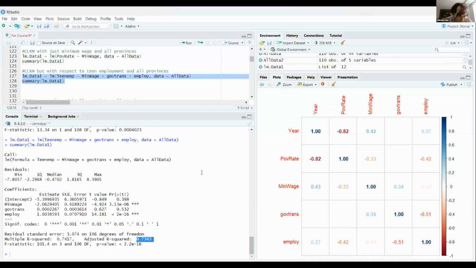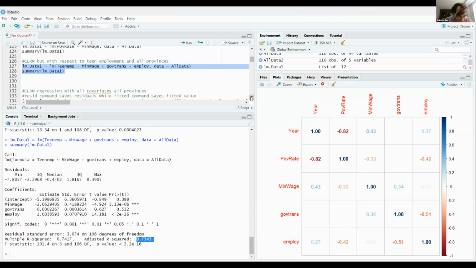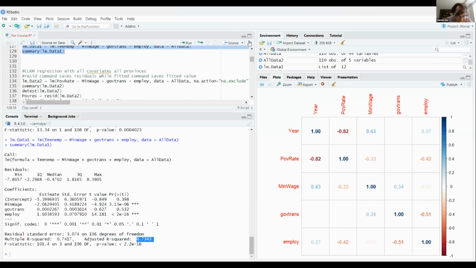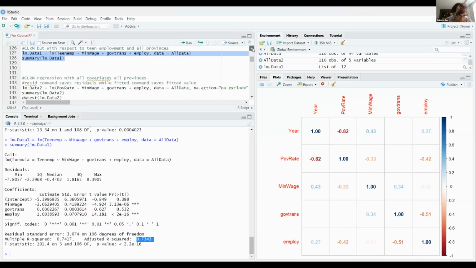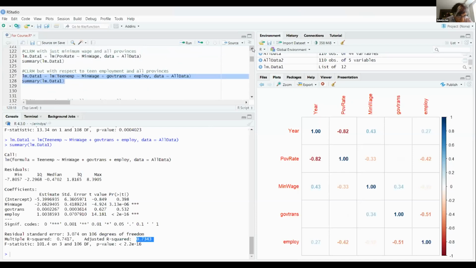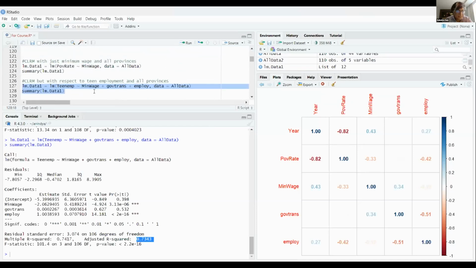Oh, this is interesting. Okay, you know what? I'm looking at a different variable. The dependent variable out here is teen employment rates, so not the poverty rates. Okay, let's review this. What is the effect of the minimum wage on teen employment?